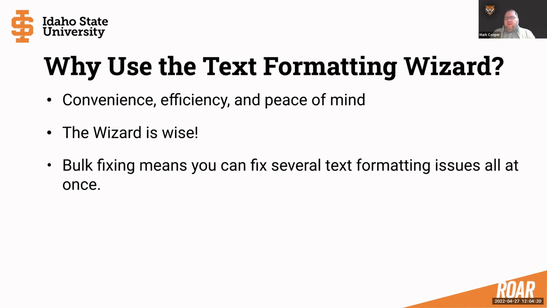But you want to be aware that depending on how many formatting errors there are in the course, there may be multiple pages. So the bulk fixing option will fix 10 issues per page, one page at a time. And so now I'm going to send it over to Alicia, who will show us how to fix these text formatting issues using the Accessibility Toolkit wizard.